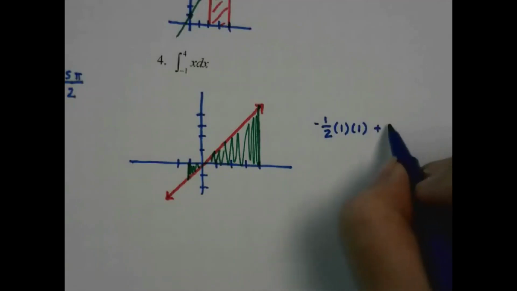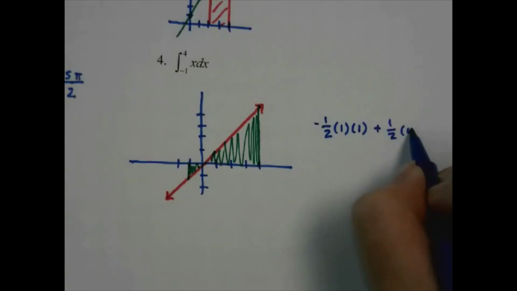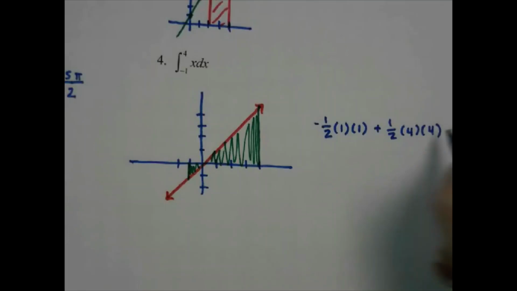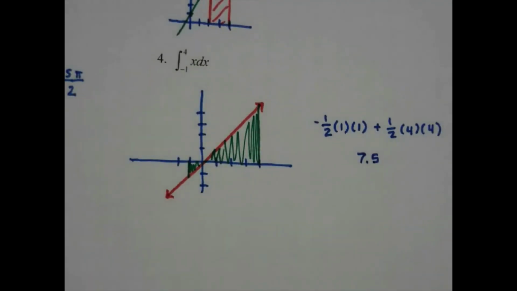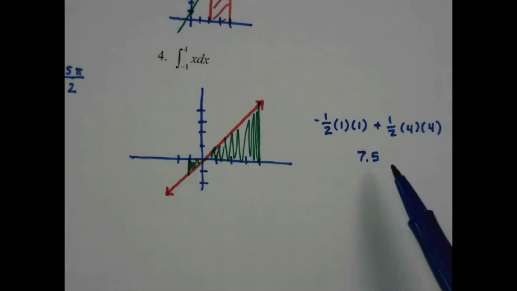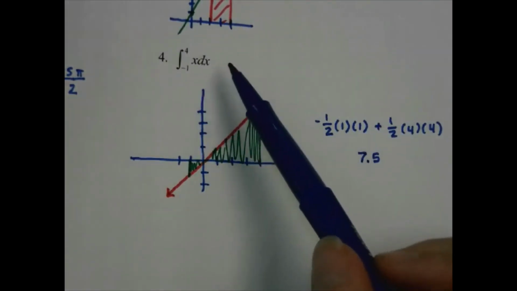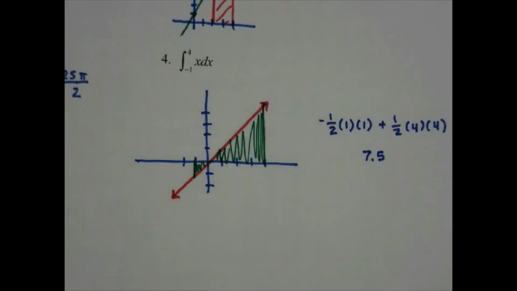And then here, we'll have plus 1/2, 4, times 4. So we'll have 16 over 2, which is 8, minus 1/2. So this integral is 7.5. So even though we're using area, the area I shaded isn't 7.5, but the integral is 7.5.